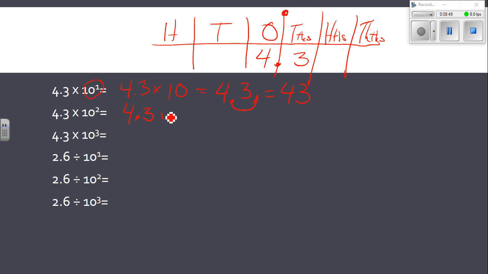4.3 times 10 times 10 goes to the second power now, right? That is going to give me 4.3, and we're going to move it how many times this time? 2 spots. 1, 2.